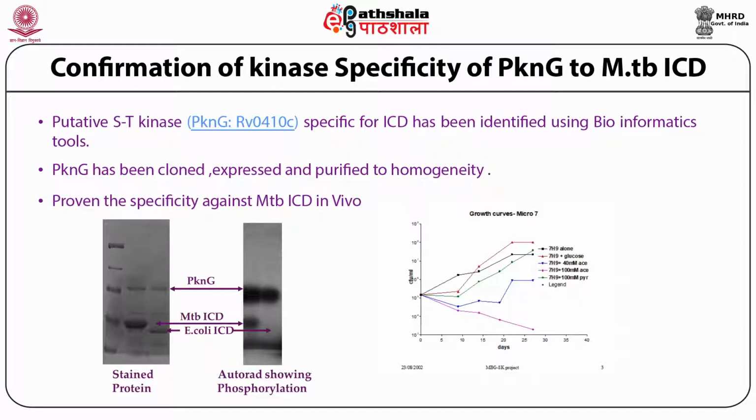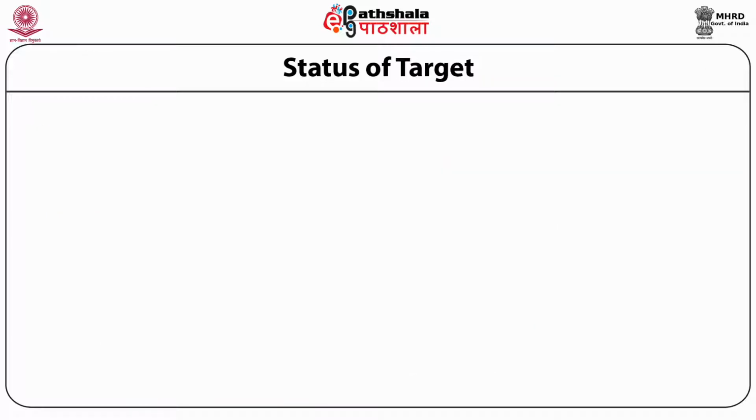It was also confirmed by experiment that growth is inhibited if we use a mutant which contains no PknG. That means a knockout mutant of PknG has been incorporated in the MTB genome, and the growth rate was found, the pink color shows that. So what is the status and how do we model?